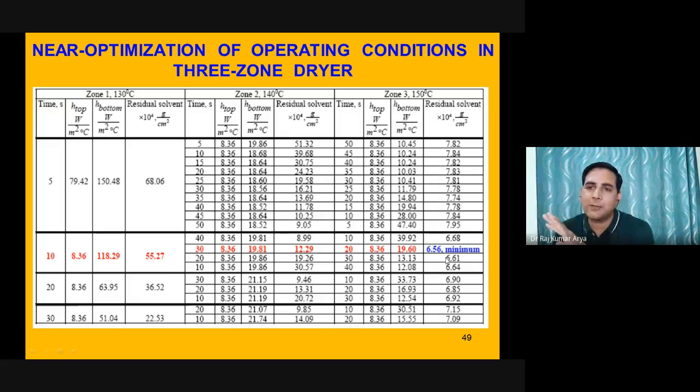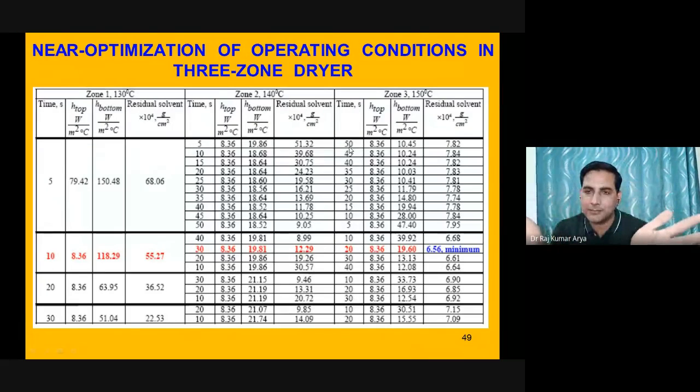But there is no hard and fast formula to calculate what time I should give. We have just concluded one thing: it should be reasonably long, neither too short nor too long. For each of your programs and case studies, you have to find your own. You cannot generalize it. The total drying time here was 60 seconds: 5 plus 5 is 10, plus 5, and so on.